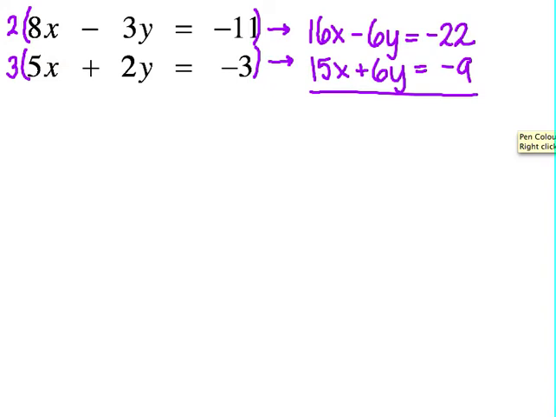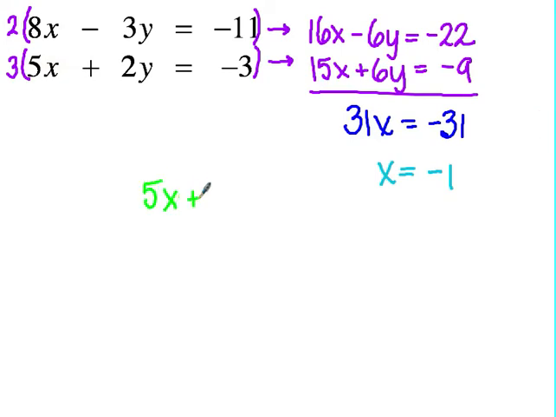What do you get on the left? 31x equals negative 31. So what does x equal? Negative 1. Now, we've got 4 different equations we can plug it into. We can plug it into one of the black equations, or we can plug it into one of the purple equations. I would probably stick with the black equation. In fact, I'm going to stick with the bottom one, the 5x plus 2y. That's the one I'm going to use.